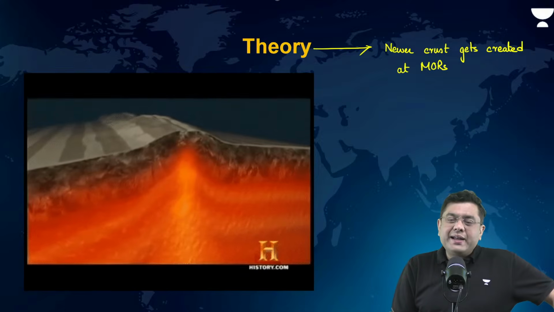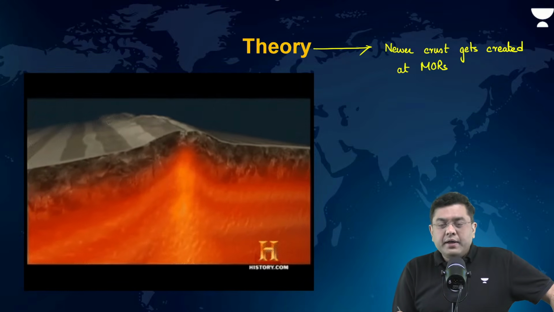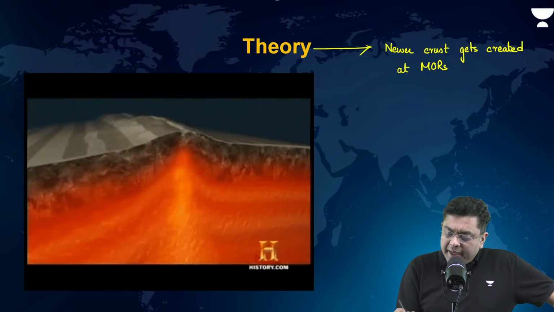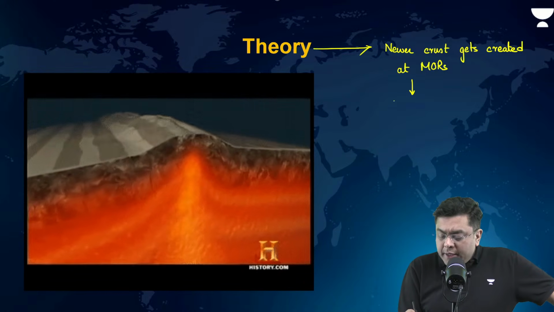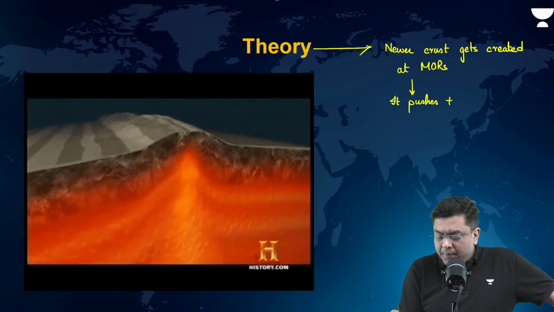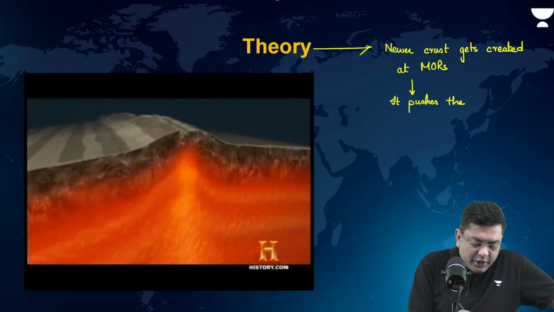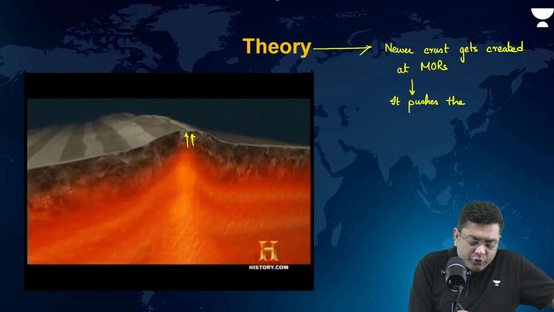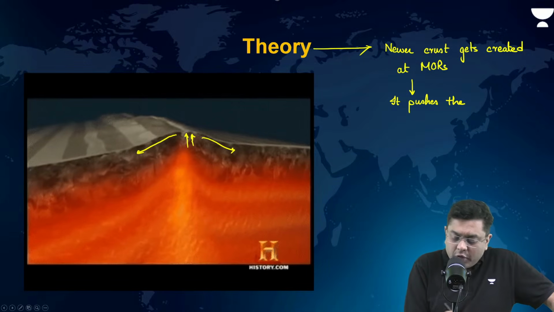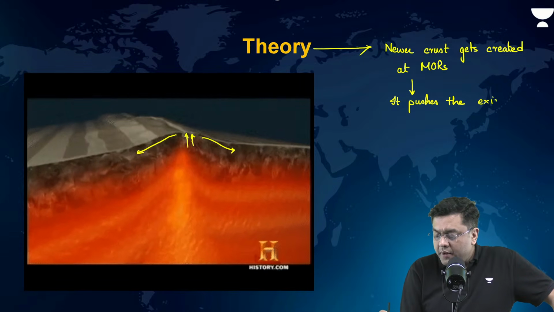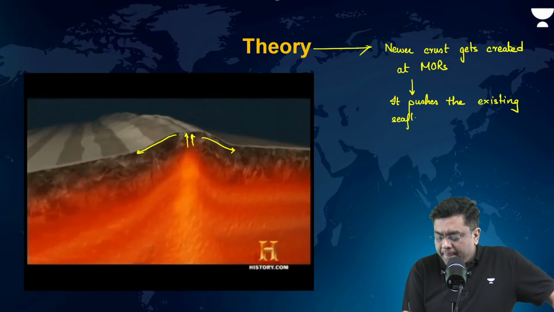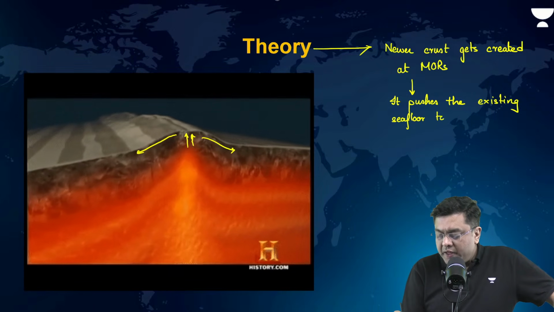Now, newer crust gets created at mid-oceanic ridges. Hereby, it pushes the existing seafloor. As you can see in this animation, newer crust is getting created through volcanic eruption. And what is it doing? It is pushing the existing seafloor to the sides.